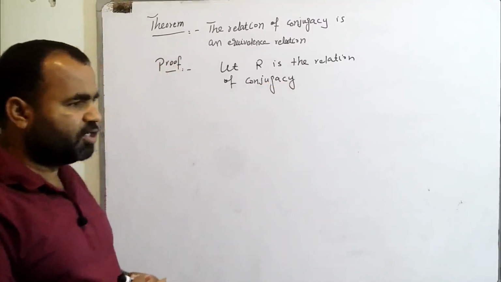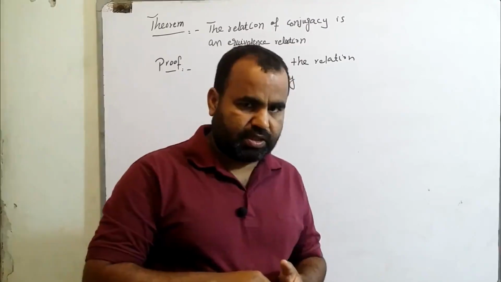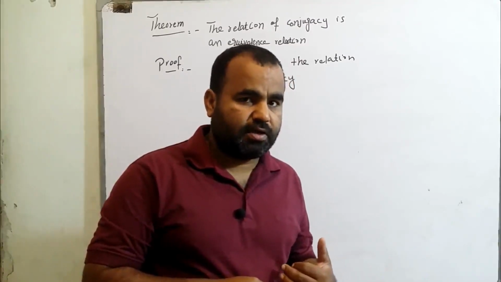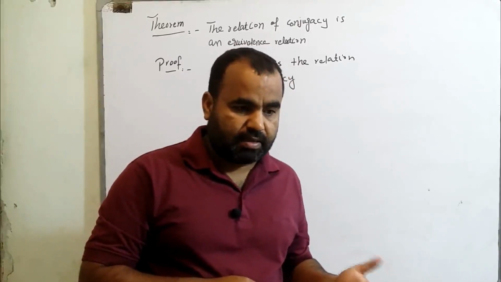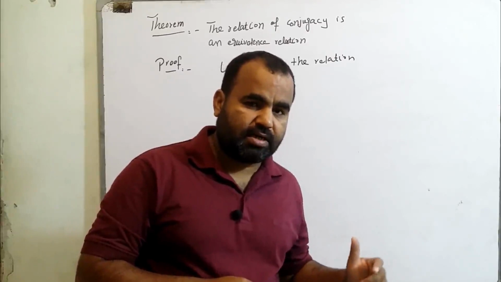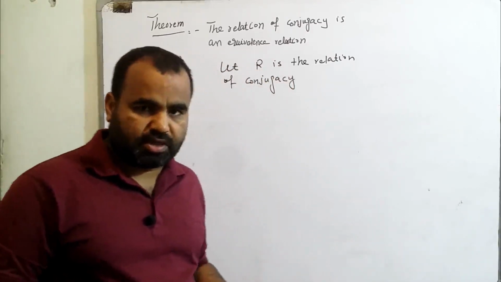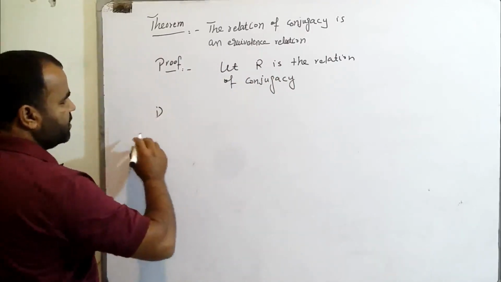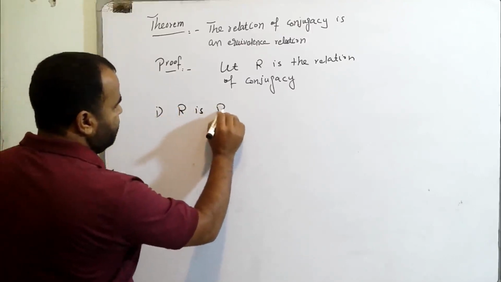If we prove that this relation is reflexive, symmetric, and transitive, then we will say that this relation of conjugacy is an equivalence relation. The first one: we have to prove R is reflexive.